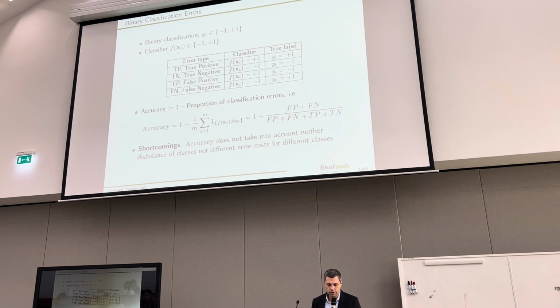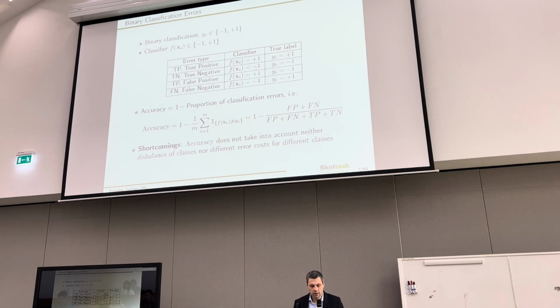The classifier, and soon I will describe algorithms for classifier construction, can take two values, either -1 or +1, and there can be four cases: true positive, true negative, false positive, false negative. For example, true positive means that we predict a positive label, so the classifier outputs +1, and this prediction is true. True negative means that the classifier outputs -1, and this prediction is true.